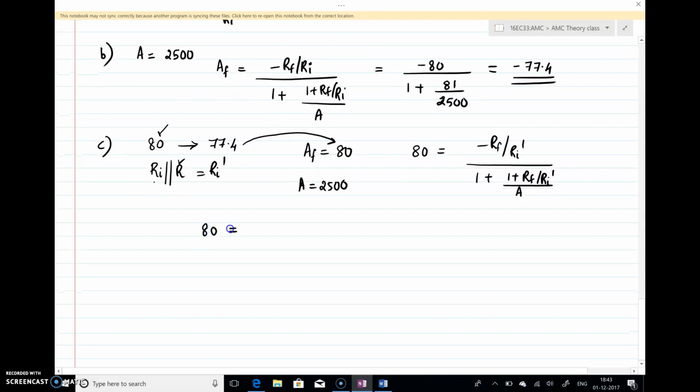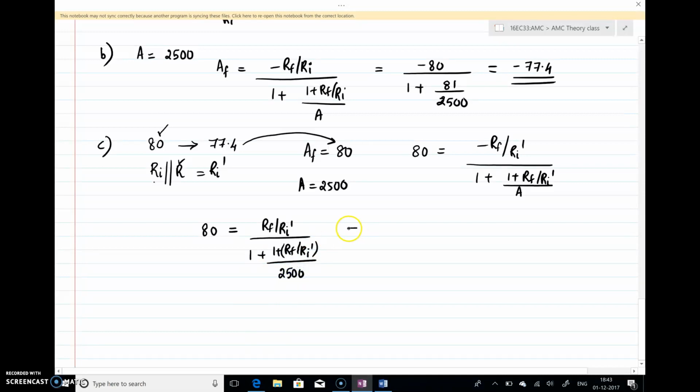So 80 is equal to, again it is minus 80, so minus minus gets cancelled. I need to consider the minus only. So Rf by Ri dash divided by 1 plus Rf by Ri dash divided by A. In this, A is 2500.